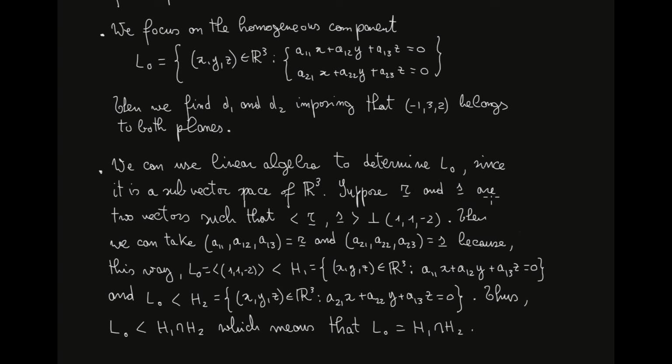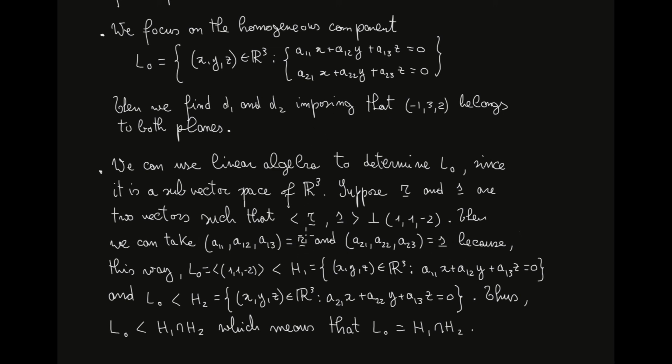Yes, R and S are two vectors such that the vector space generated by them is perpendicular to (1, 1, -2), but they have to be linearly independent. So this must be a plane. So in that case, L naught is precisely this set where the coefficients here are taken by R and S.